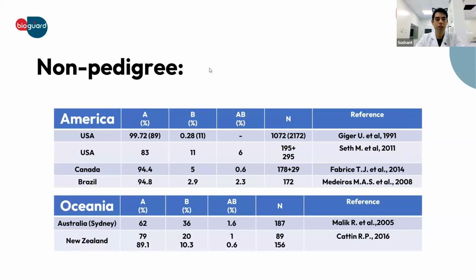In the American subcontinent, as well as in Oceania, such as Australia and New Zealand, you can also see that the A percentage is still the highest, including the USA.